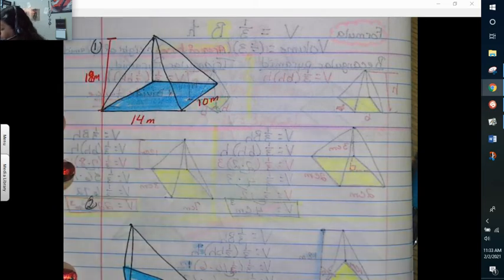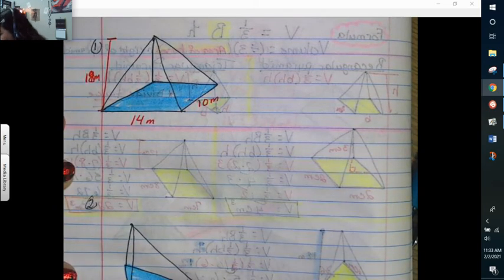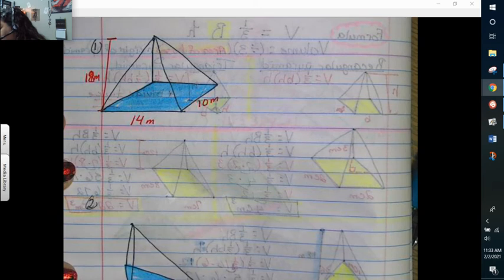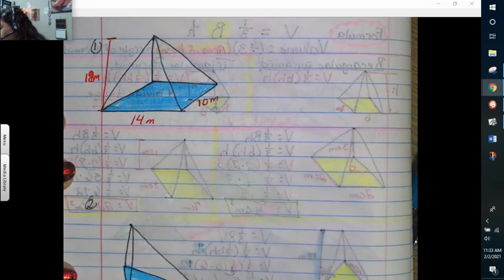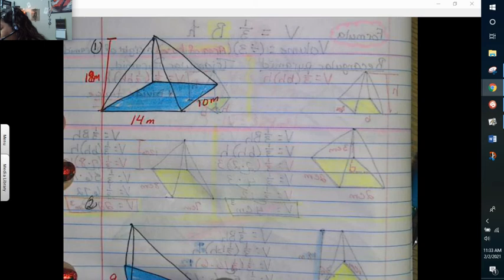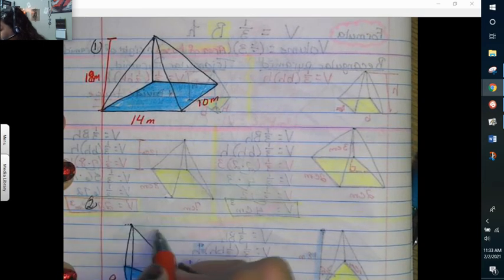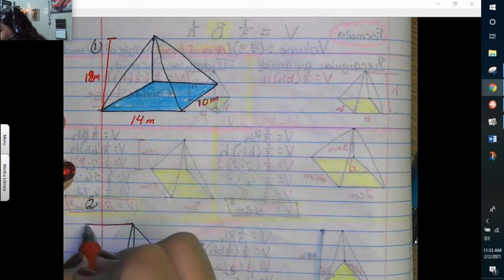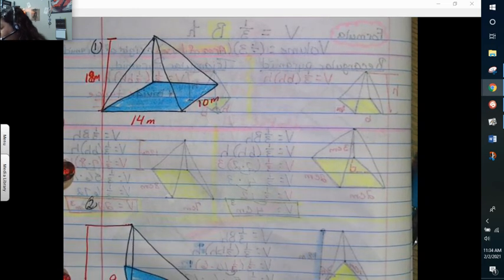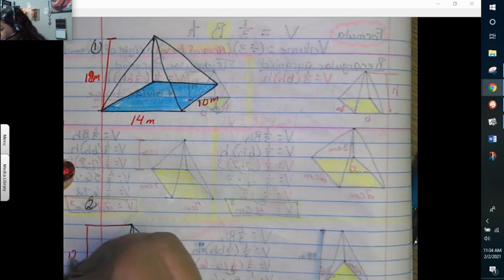All right. Numbers. Oh, here's my right triangle right there. We'll do 27 meters. We'll do 9 meters. And then how tall is it? I'll go from here to here. We'll say that is 12 meters.